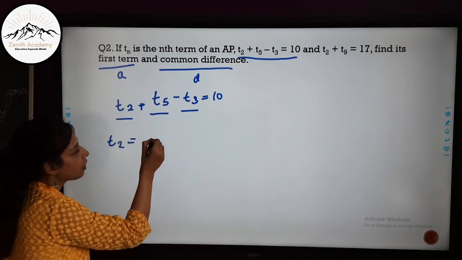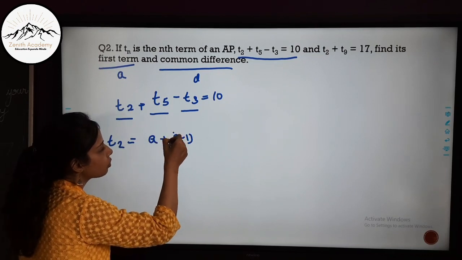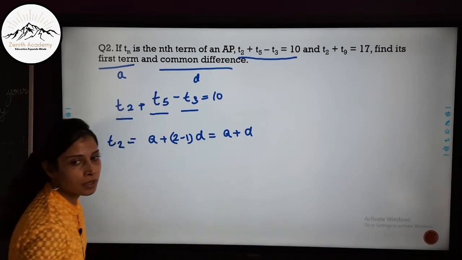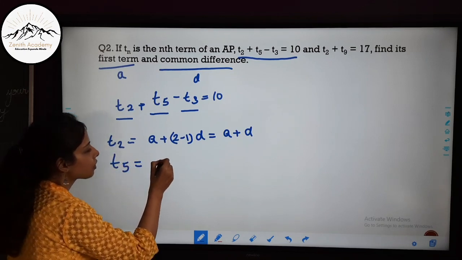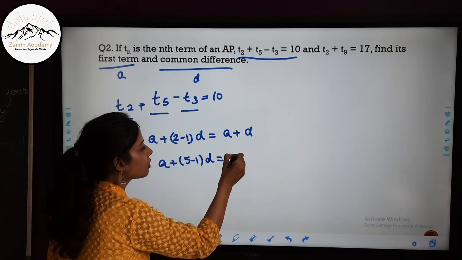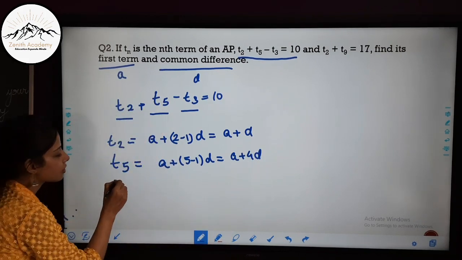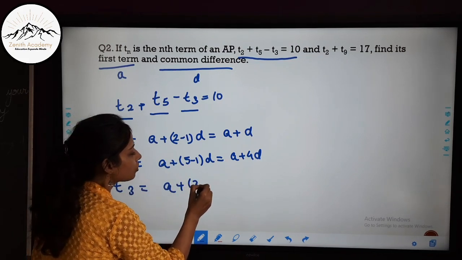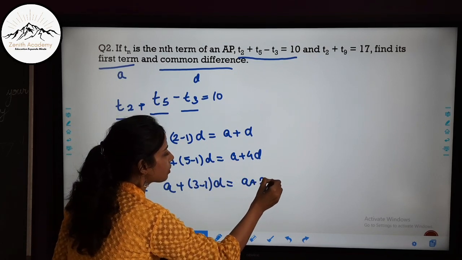Our second term will be A plus 2 minus 1 into D, which will give us A plus D. Similarly, we can write the fifth term, A plus 5 minus 1 into D, is equals to A plus 4D. In the same way, the third term will be written as A plus 3 minus 1 into D is equals to A plus 2D.